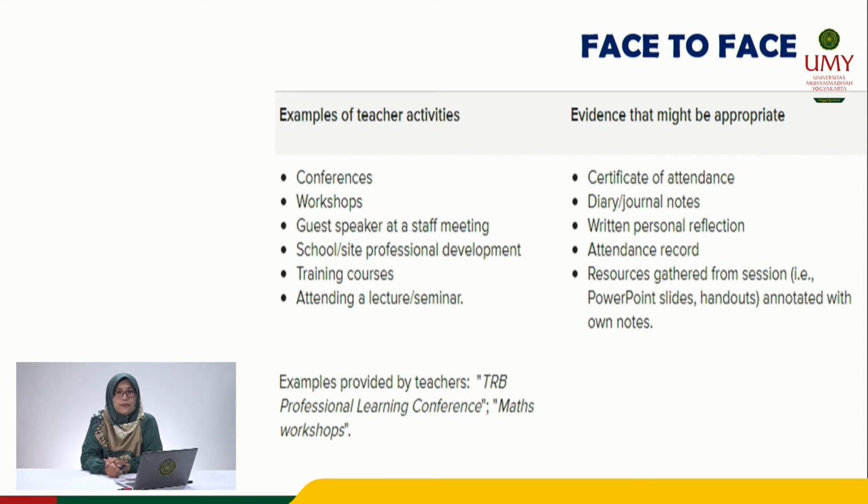For example, conferences, workshops, guest speakers at a staff meeting, school or site professional development, training courses, and attending a lecture or seminar. So these are the examples provided for the teacher. For example, the teacher can attend the SPADA Professional Learning Conference or probably a math workshop.